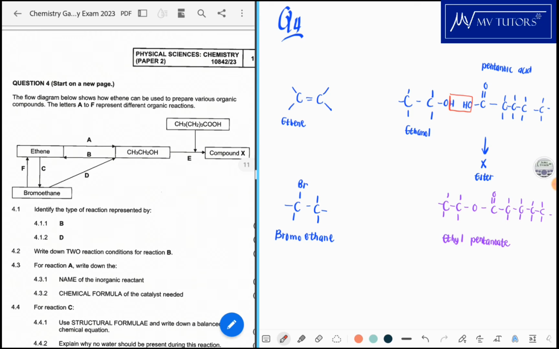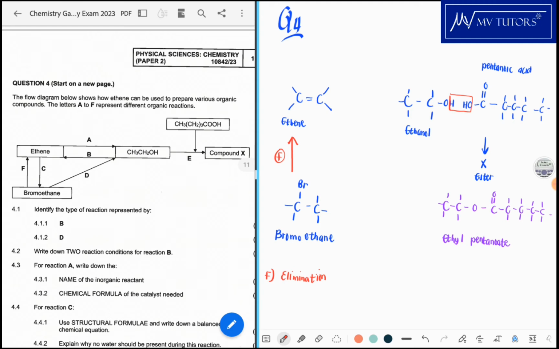All right, if we go from haloalkane all the way to an ethene, we are basically eliminating. Okay, so F would be an elimination reaction. Okay, this is where F is. Yeah, basically we are eliminating. So elimination reaction.